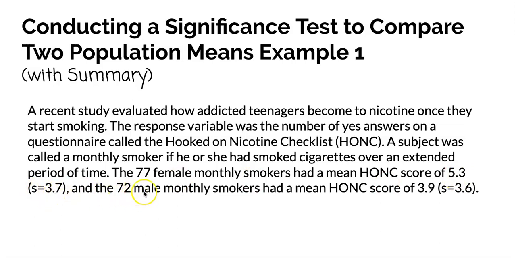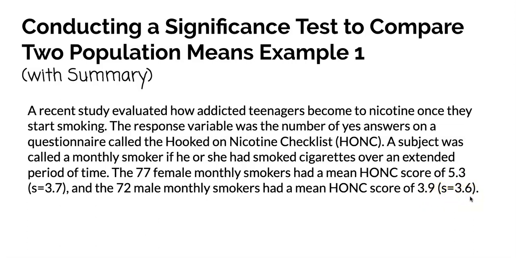And 72 male monthly smokers had a mean HONC score of 3.9. Now notice this number is a little bit smaller than the score for female smokers, but could that difference be big enough that we can say this is statistically significantly different? Well, we'll see. And the standard deviation for that group was 3.6.